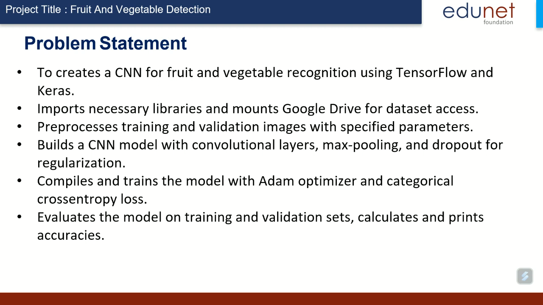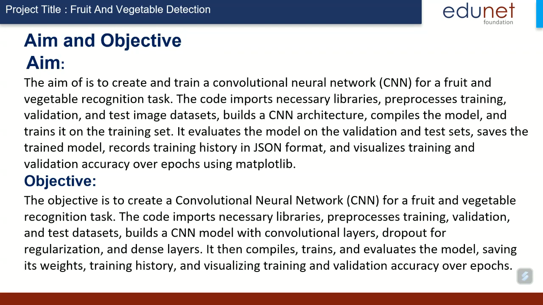The problem statement is to create a CNN for fruit and vegetable recognition using TensorFlow and Keras. Our main aim of this project is to create and train convolutional neural networks for a fruit and vegetable recognition task.